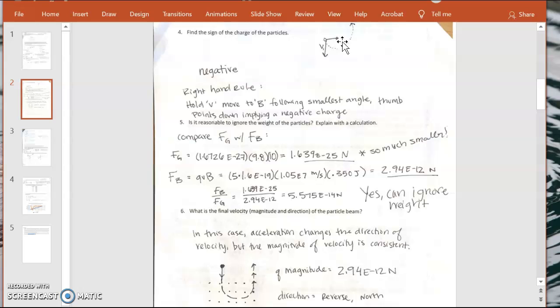And so in doing so, my hand finishes with my thumb where it's in a negative pointing down position. So that implies it's a negative charge.